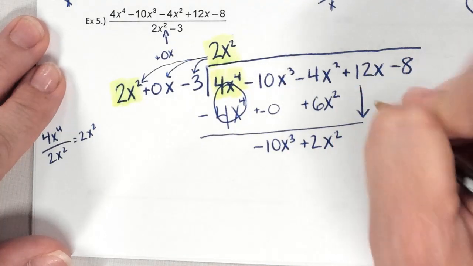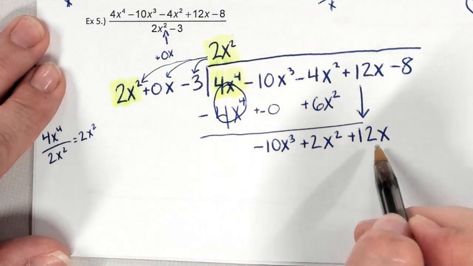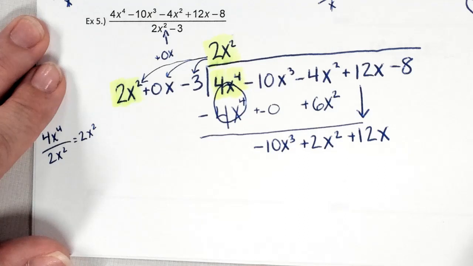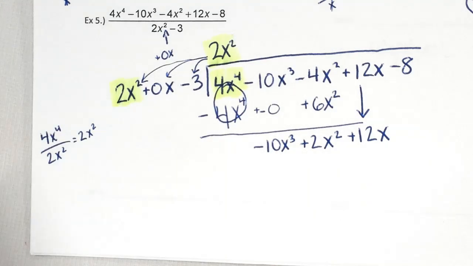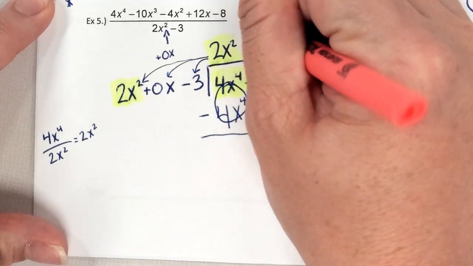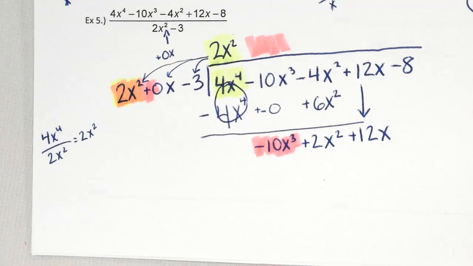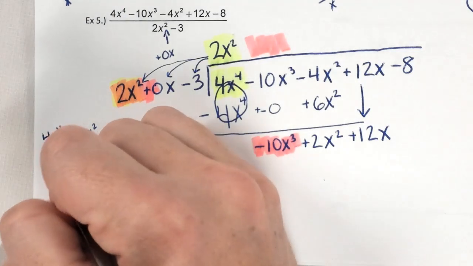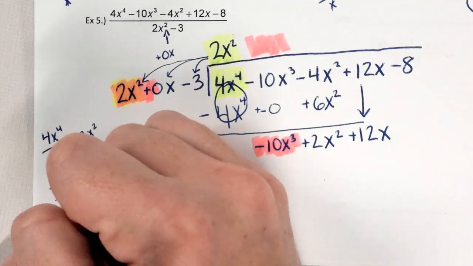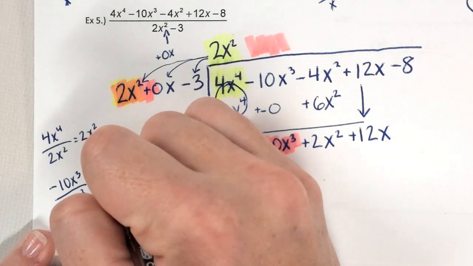And now what? Bring down my next term. Because there's 3 terms here, I need 3 terms here. So now we're looking here, here, here, sorry. Okay, so negative 10x cubed divided by 2x squared. What's negative 10 divided by 2? And then we subtract x from it.